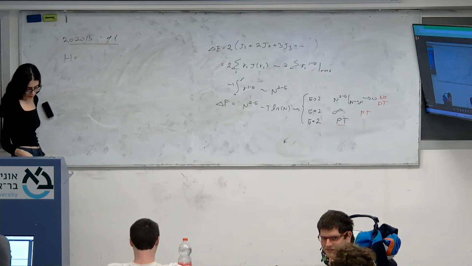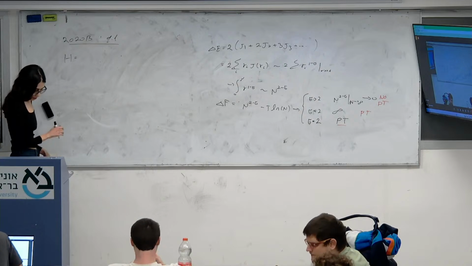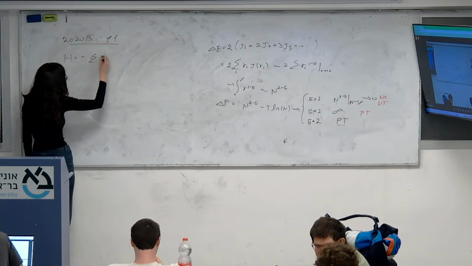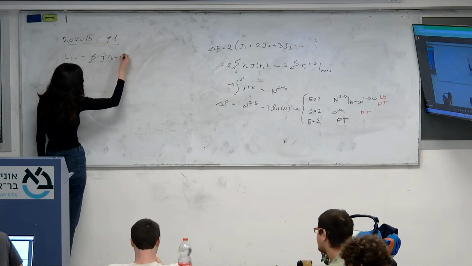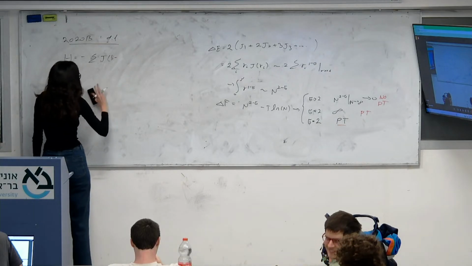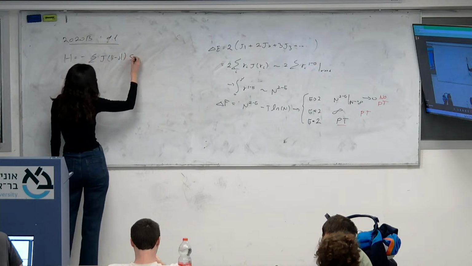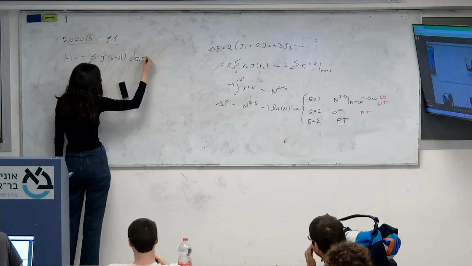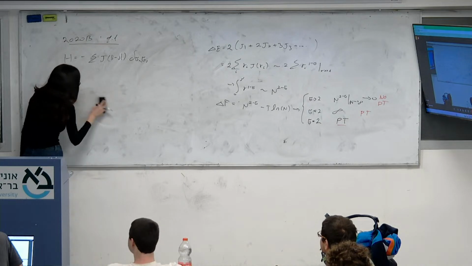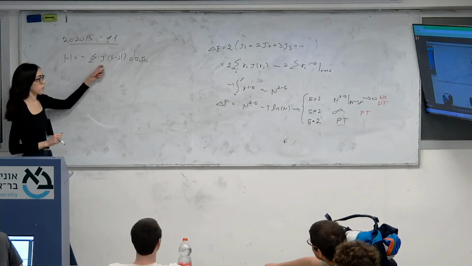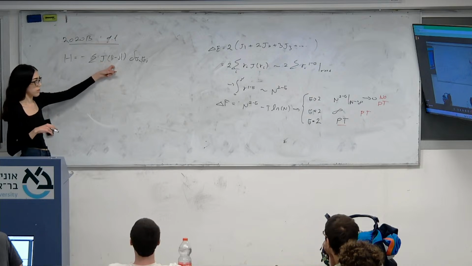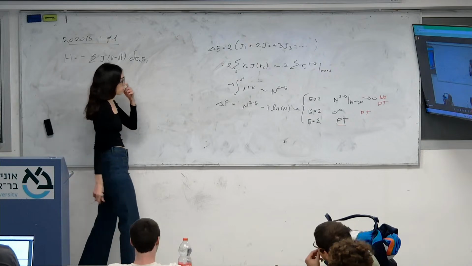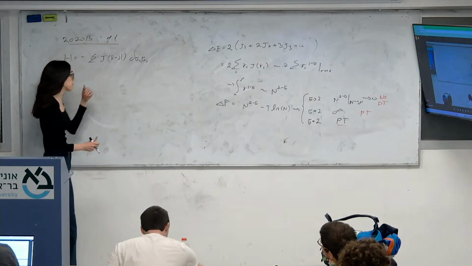So you have a Hamiltonian with an interaction that depends on the distance between the two spins, between i and j. So this is basically the j of r that we defined earlier.